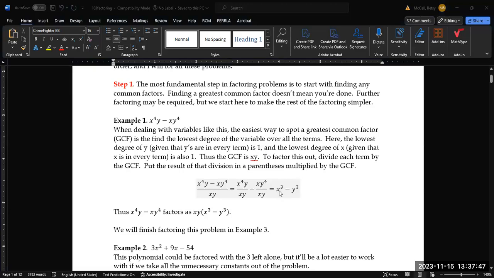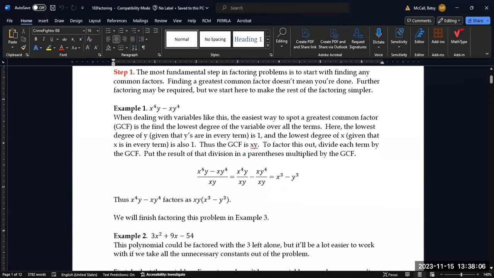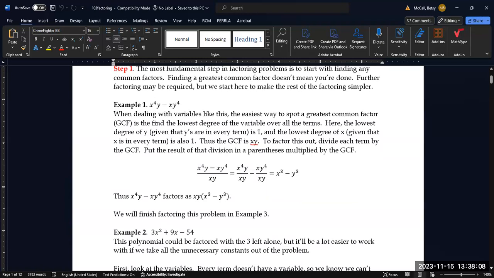That would leave us with just x cubed. And in the second term, we would cancel out the x's and one of the y's, and that would leave us with y cubed. And so, in factored form, this would be our common factor times the expression that remains. Now, this isn't done, but we'll need difference of cubes in order to continue.